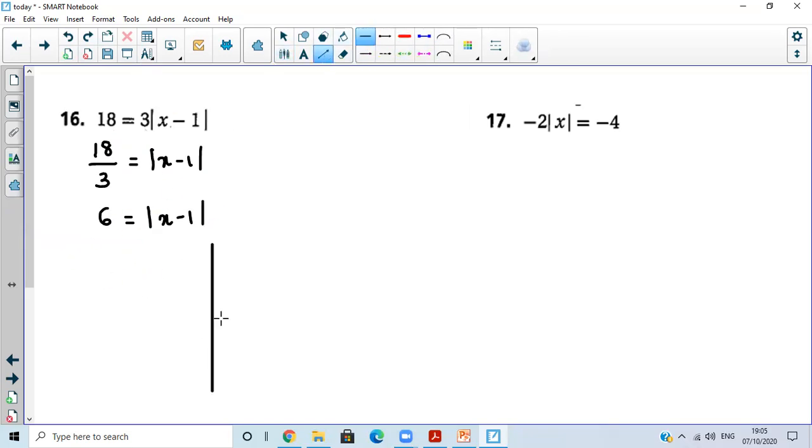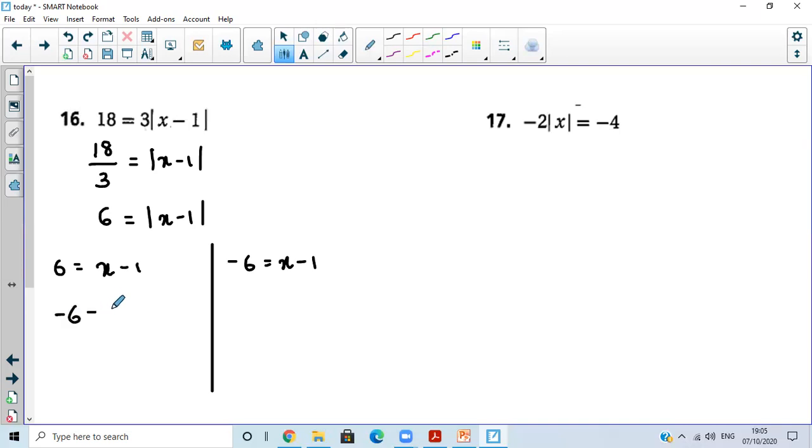So one possibility can be 6 equals x minus 1. The other one is negative 6 equals x minus 1. Let me solve. Negative 6 plus 1 is going to be equal to x. It's a plus sign here. So this will give you negative 5 equals x.